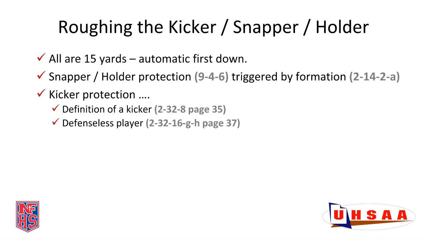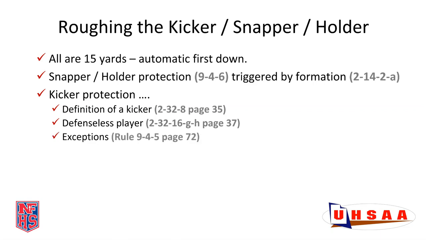But kicker protection is the same as a punter, and it's triggered by the definition of a kicker and the definition of a defenseless player. These are found on pages 35 and 37 in your rule book. Make sure you understand them, especially you referees who have to cover this.